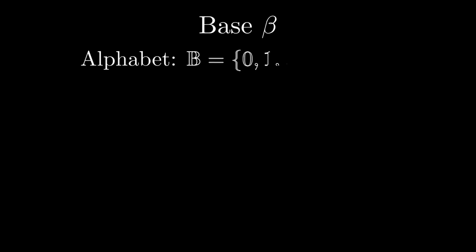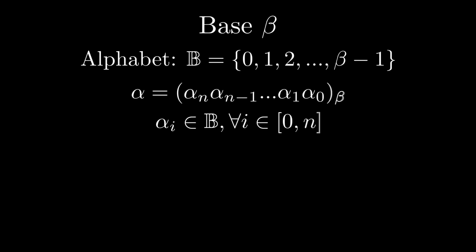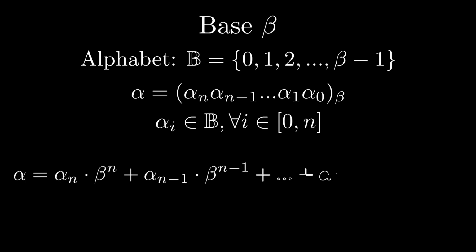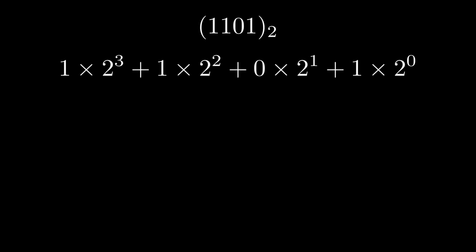Now, this process can be applied to any base. A number is written in base beta if the digits used are between 0 and beta minus 1, and it corresponds to the sum of increasing powers of beta from right to left. In particular, we can take the case of binary numbers.